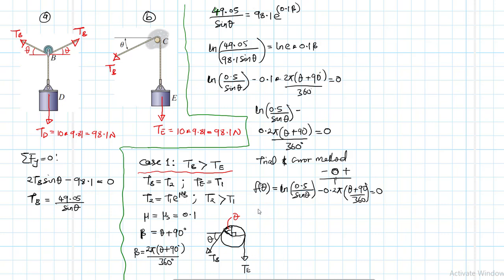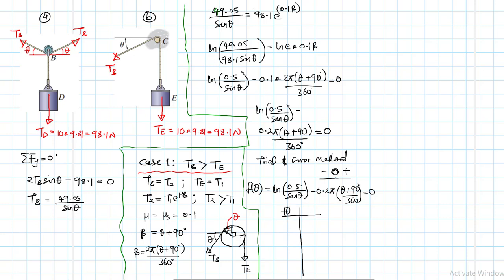Okay, so this is basically what I'm doing right now using the trial and error method, which I've used before in my previous videos, and this is a known method. Alright, so there we go. I'm going to draw something like this here, and then I'll try out some value. I have theta and the function of theta like so. So I'll be plugging them in there and then looking at the value. The idea is on this number line, we have 0 as our center, negative on the left, positive on the right.